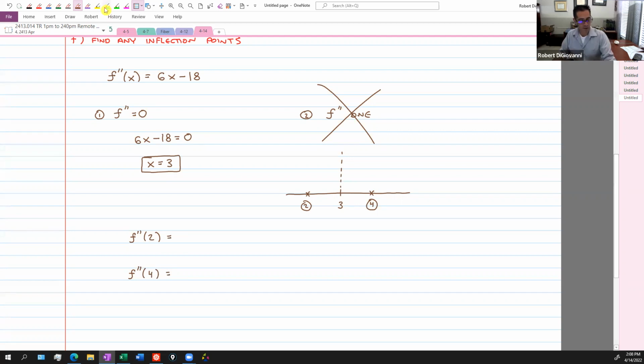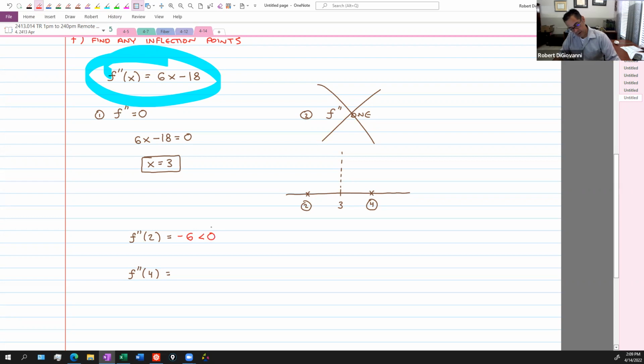Okay, second derivative is right here in blue, right? So just plug 2 in there, you get 12 minus 18, which is -6, but that's a negative number, right? That's all that I care about. My second derivative is sad, right? Which means my original function should be concave down over here. Second derivative negative means original function concave down.